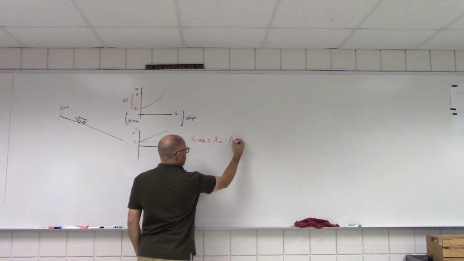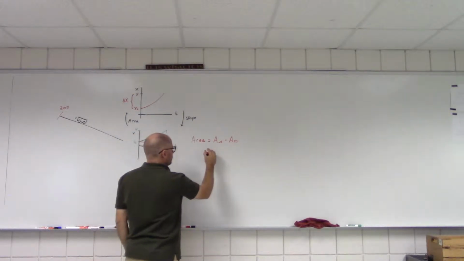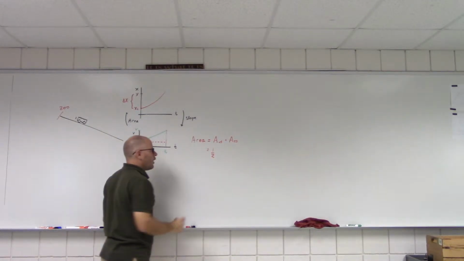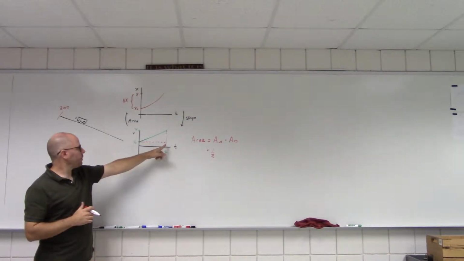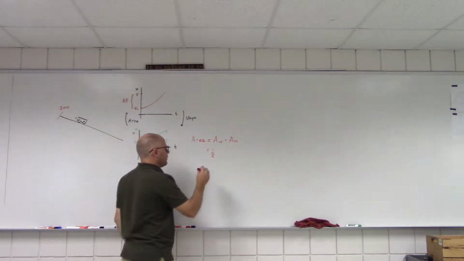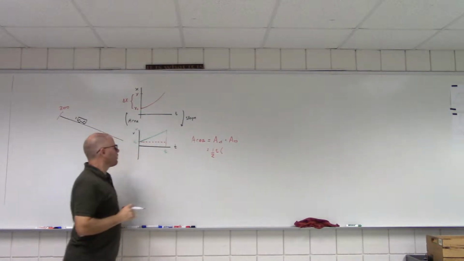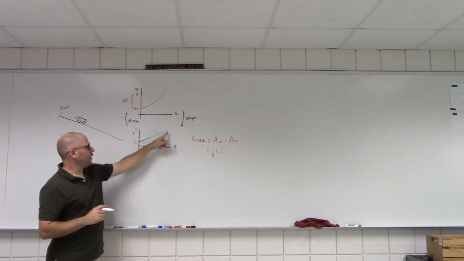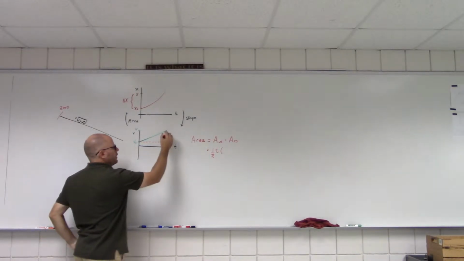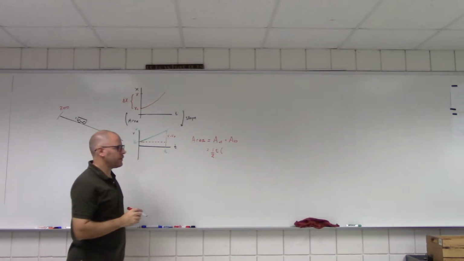So the area of the triangle plus the area of the rectangle. 1/2 the base times the height. The base of the triangle is t. What is the height? Well, the total height is v, but I only want this section here, so this section right here is v minus v0.